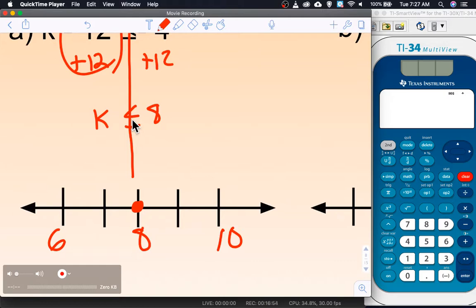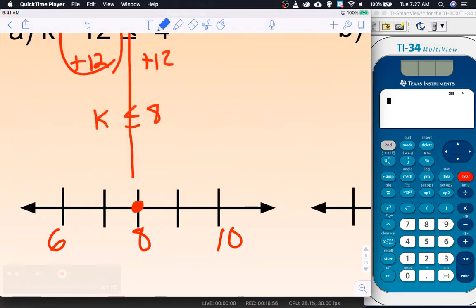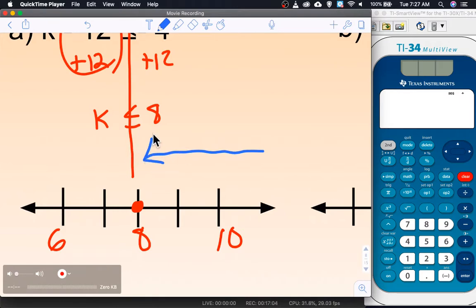But also, here's another little trick. I think we're ready for this now. This less than symbol kind of looks like a little arrowhead pointing to the left. Imagine it's pointing this way. So less than will be shading to the left. Look, because these numbers are left of 8, they're also less than 8.